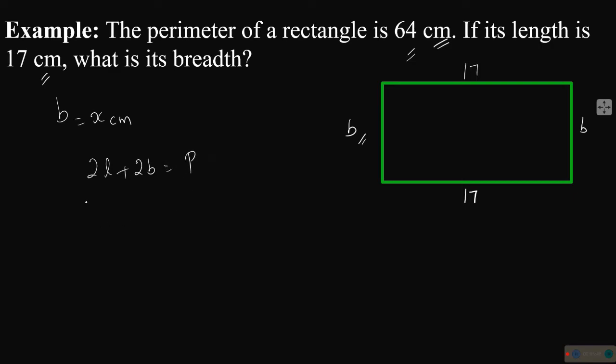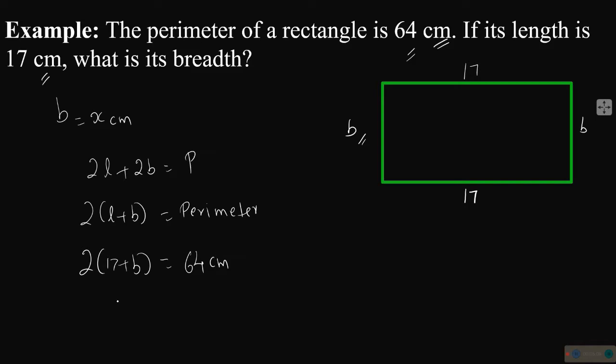Correct? That means 2 into (length plus breadth) is the perimeter of this particular rectangle. In that we have 2 into (17 plus b) is equal to the total perimeter, which is given as 64 centimeter.